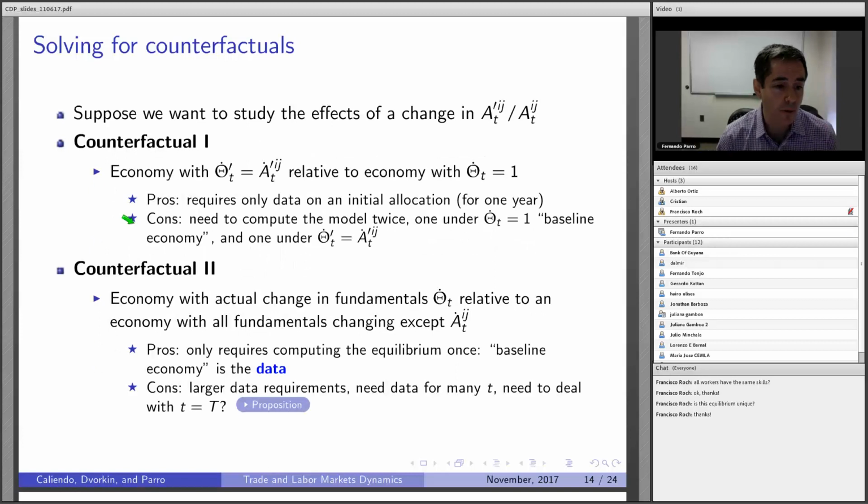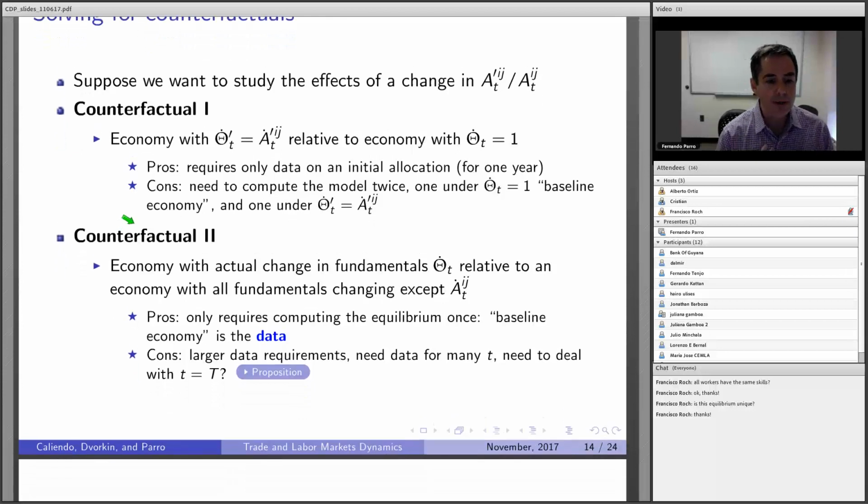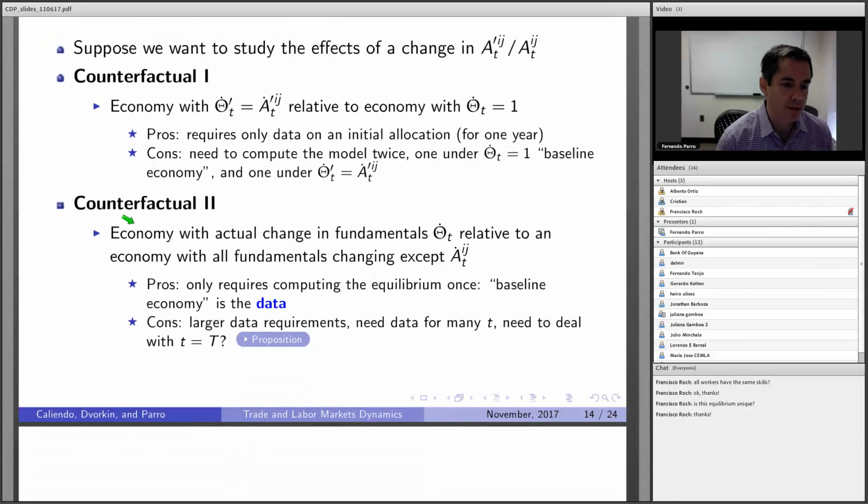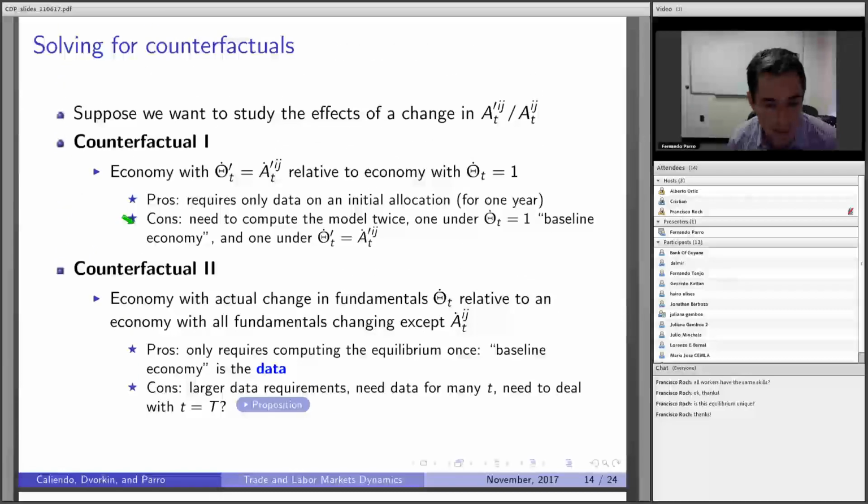So what are the new equilibrium allocations? What are the welfare effects in the United States? And to do so, we are going to think about two types of counterfactuals, what we call counterfactual 1 and counterfactual 2.